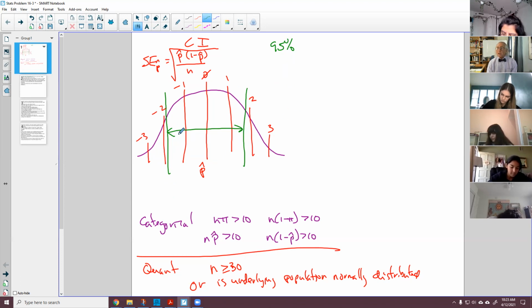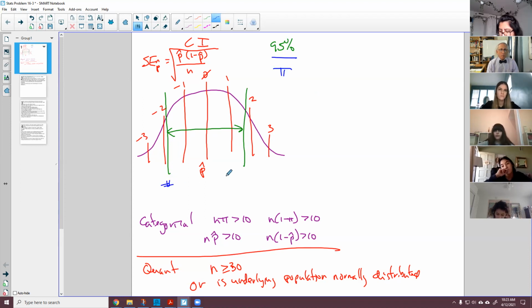What I am trying to say with a confidence interval is that I am 95% sure, or whatever percent I'm looking for, that pi, the population parameter, is within these two numbers.